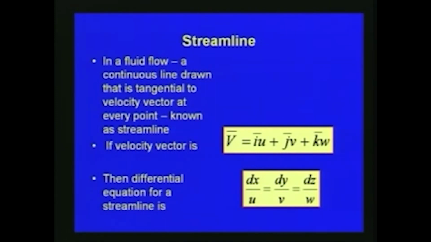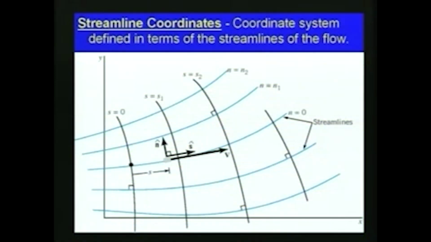The streamline is a continuous line drawn that is tangential to the velocity vector at every point. If we can describe most fluid flows in terms of streamline coordinates, it will be very advantageous in many fluid flow problems. Here in the slides, the flow is described with respect to streamline coordinates.